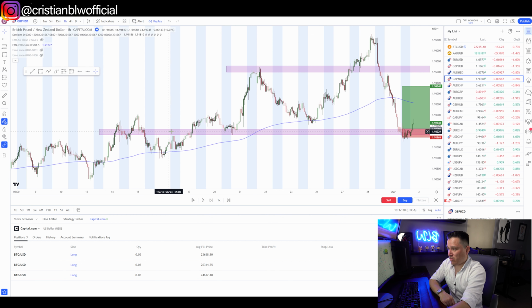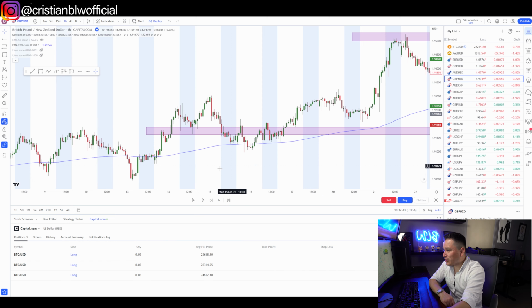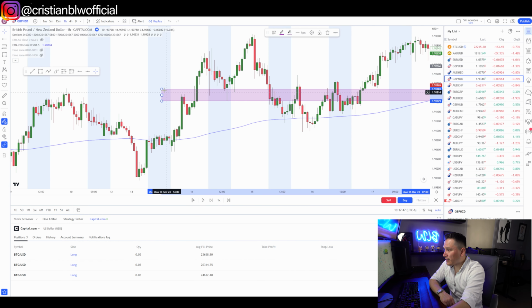In the trading zone, yes, there was a good support level here. But guess what? There was a stronger support level right here, and this wick that you see right here was way stronger than the one that I had. This one right here, okay?